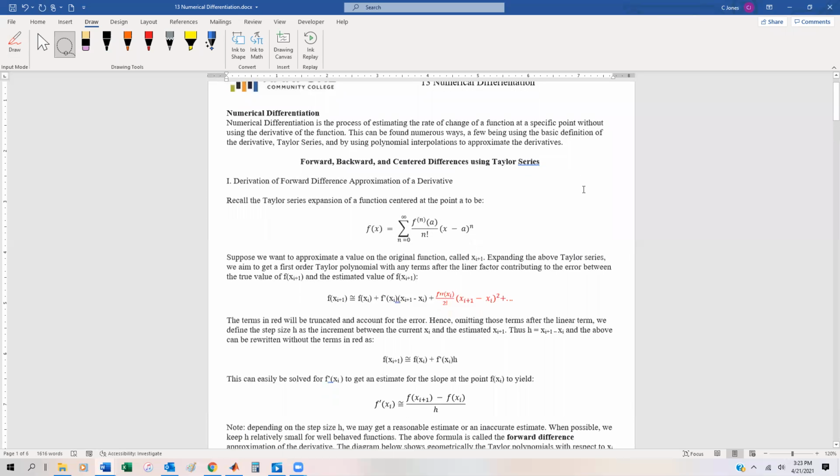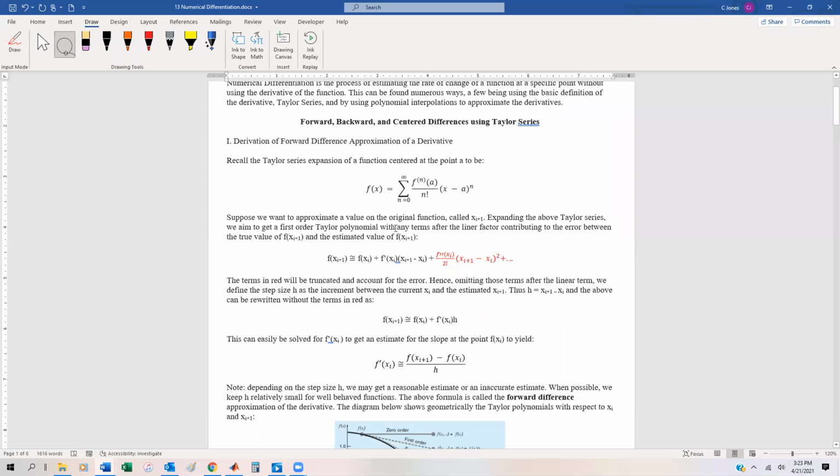So let's say for some reason that we wanted to approximate the derivative, or not even the derivative yet, but some value on the function. I'm going to call that x sub i. What I could do is use a second order Taylor polynomial, or second order Taylor series, and I would just plug in 0, 1, and 2. This is what it would look like.